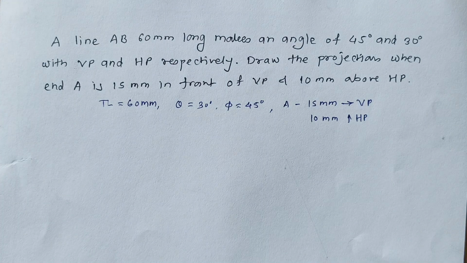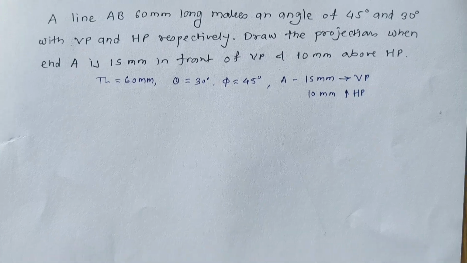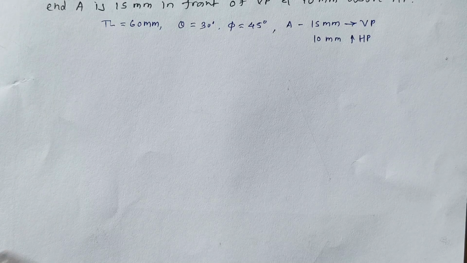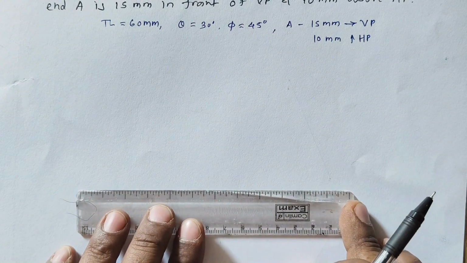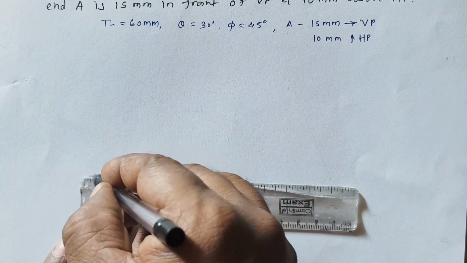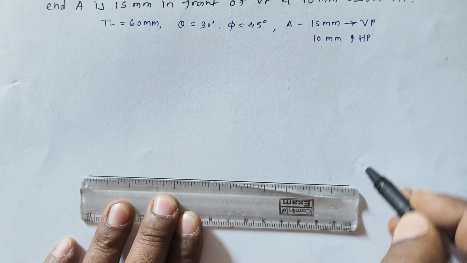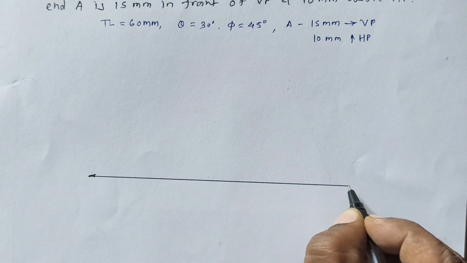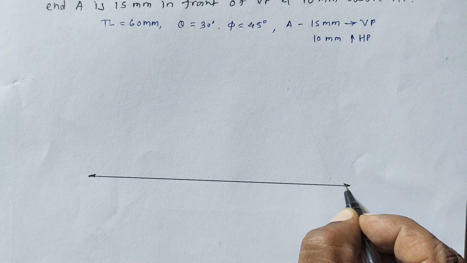So as in the regular problem, we firstly locate the point A. So we draw the XY line first. Then after this, locate the A point.